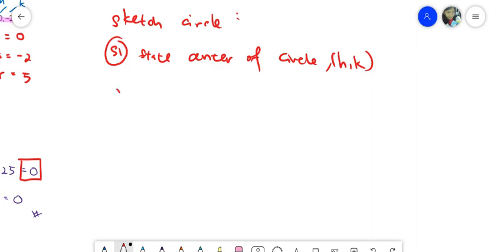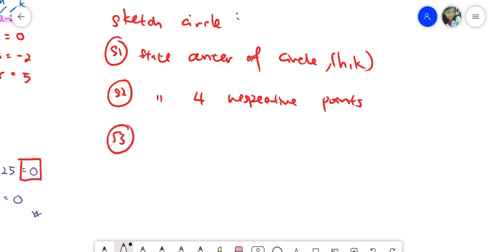Second thing, you need to state the 4 respective points. Step 3, you need to have the scale.